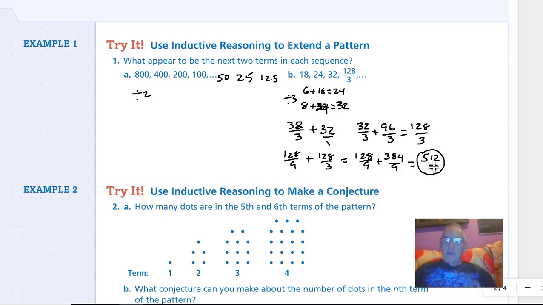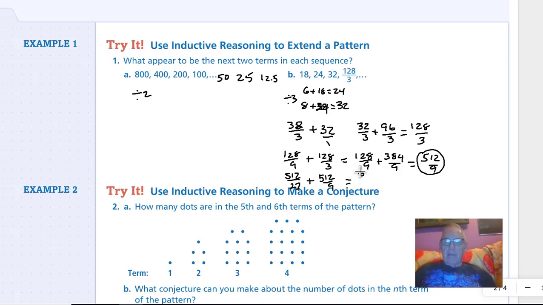So I'm going to do 512 over 9 divided by 3, which is the same thing as multiplying by a third, and gives me 512 over 27. I'm going to add that to 512 over 9. I'm going to have to multiply the second one by 3 over 3 to get common denominators.